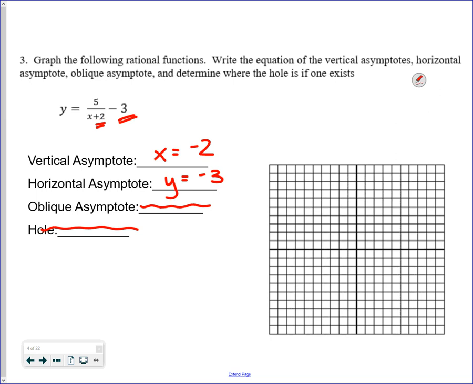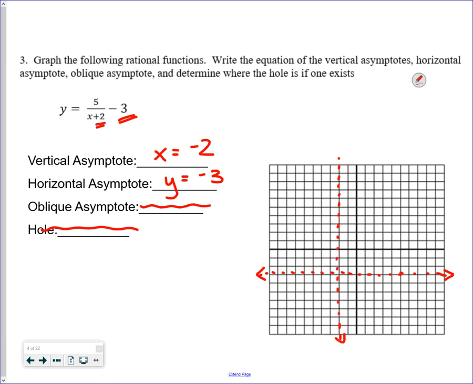So now, graphing what we have, x equals negative 2 is a vertical asymptote. Y equals negative 3 is a horizontal asymptote. And then you basically have to test a value to decide where you're going to graph this. So if I tested a value such as, whoops, I apologize for the graph. I don't know how many of you noticed this, but x equals negative 2 should have been over here.